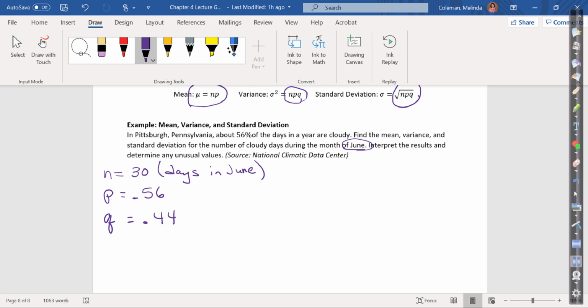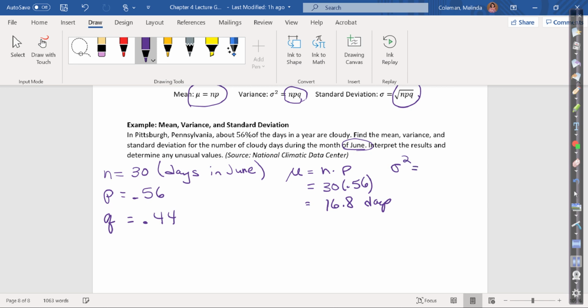My mean is going to equal n times p. So my mean in this case is 30 times 0.56, which is 16.8. Mind you, that is days.